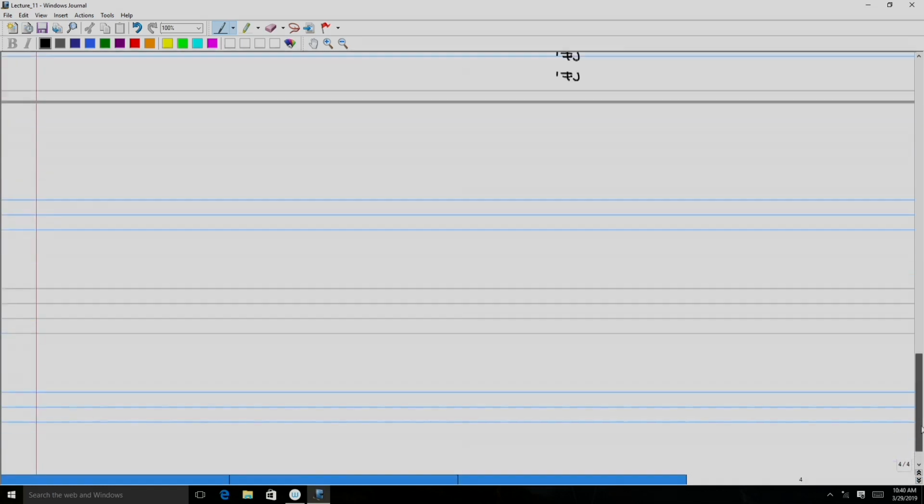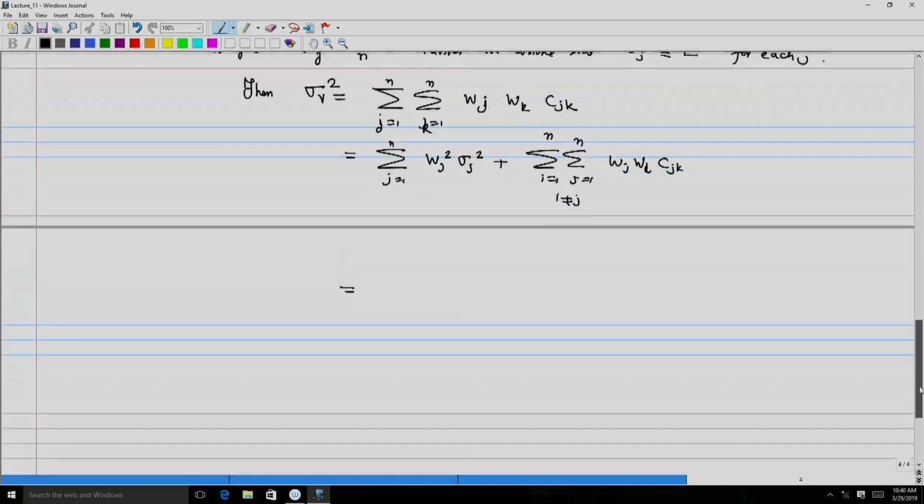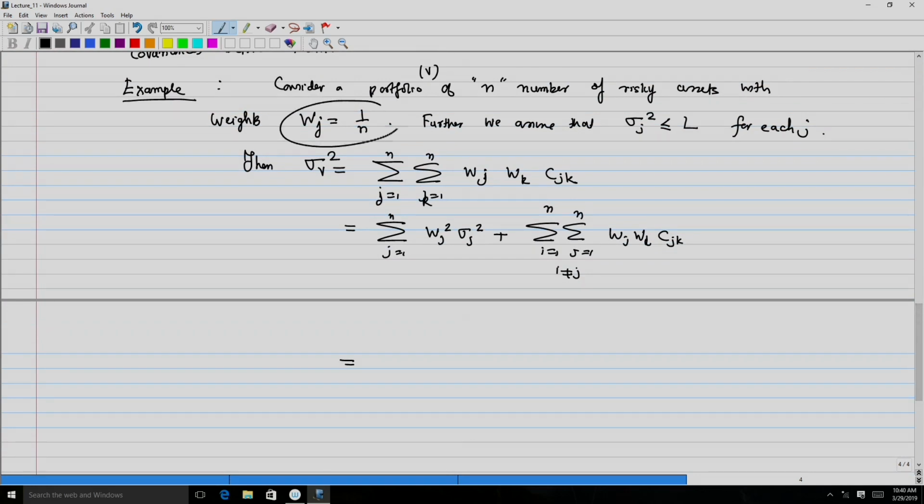Now note that we had chosen our w_j to be equal to 1 over n, and we have assumed this bound on the individual variances of the returns of all the assets.